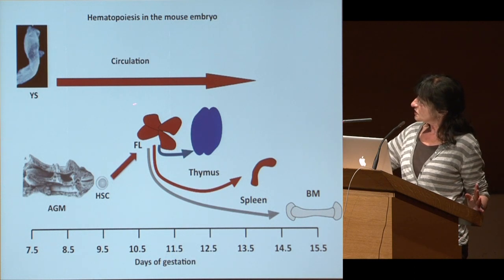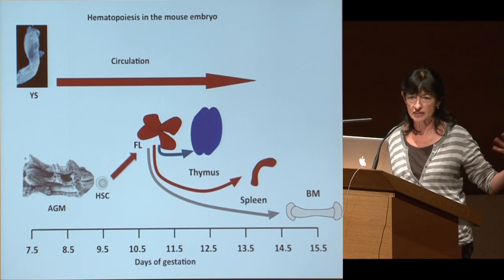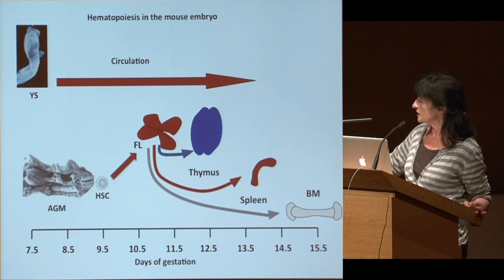So we think the fetal liver is colonized by these cells. The hematopoietic stem cells actually expand and differentiate in the fetal liver, unlike in the bone marrow, where they only differentiate and self-renew, and then they colonize the thymus, the spleen, and later the bone marrow.